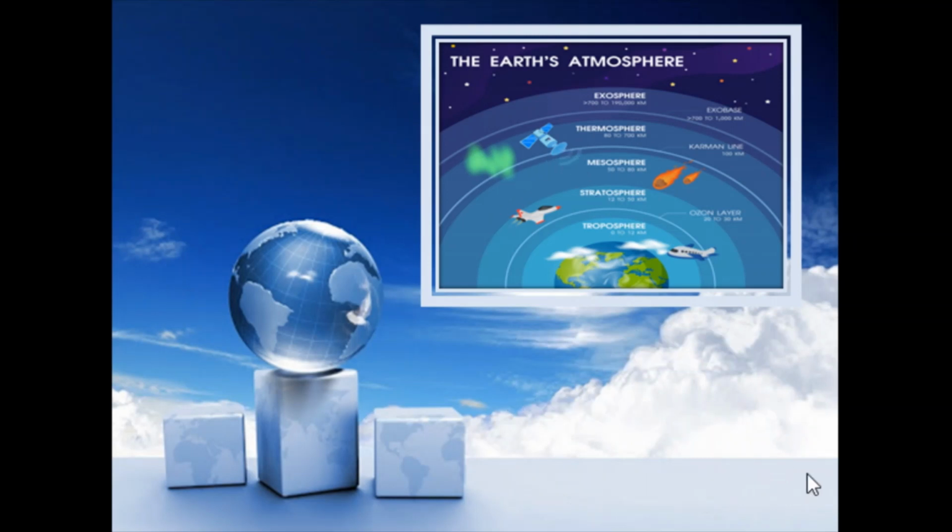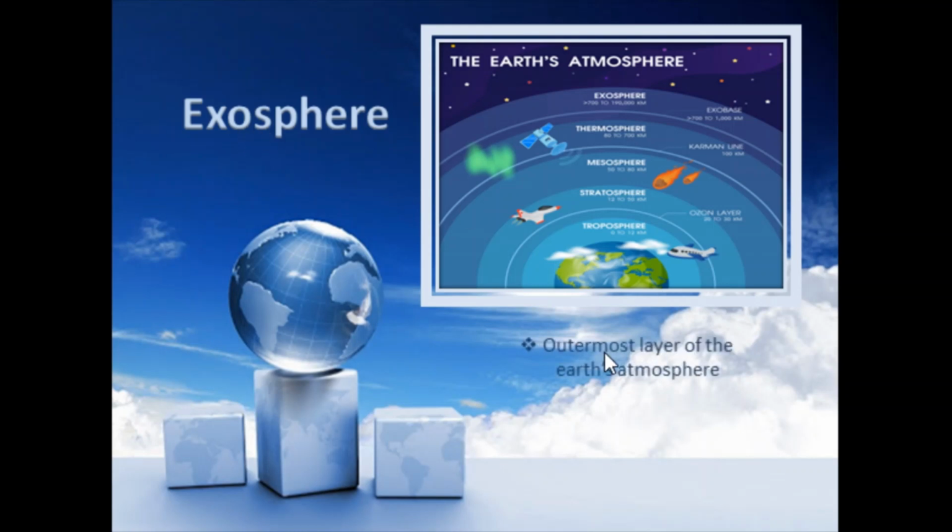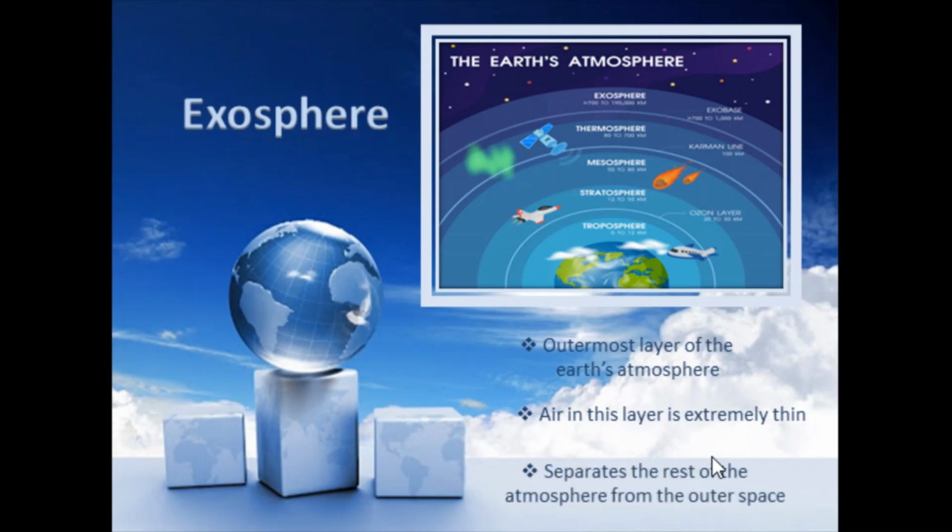And lastly, we have the exosphere. The exosphere is the outermost layer of the Earth's atmosphere, and the air here is very, very thin, extremely thin, and it is the layer that separates the rest of the atmosphere from the outer space.